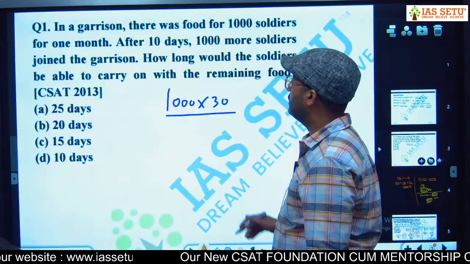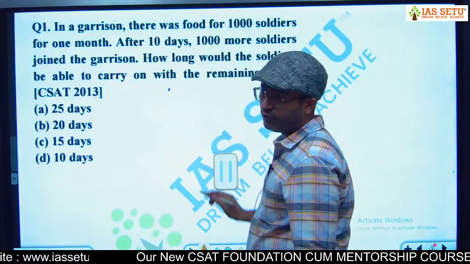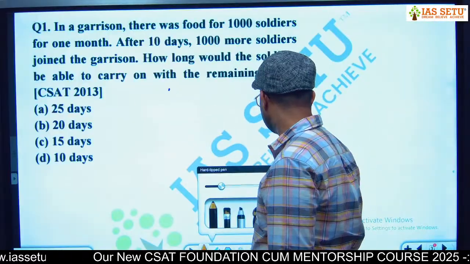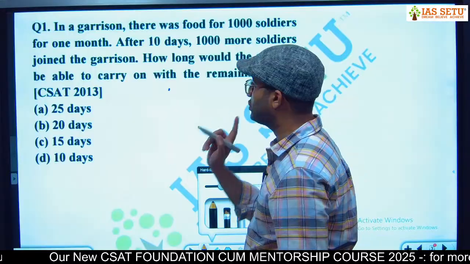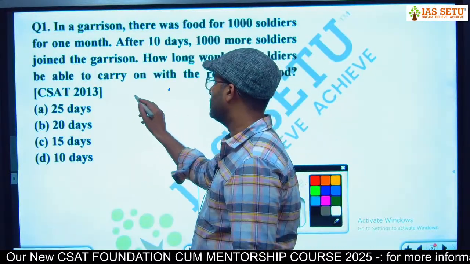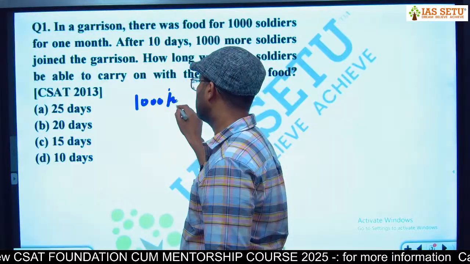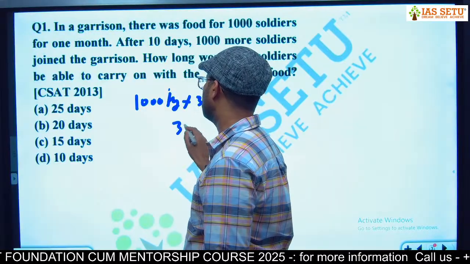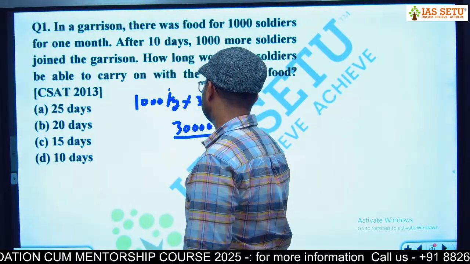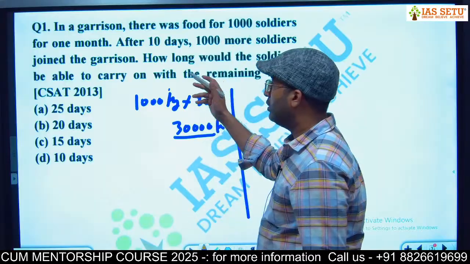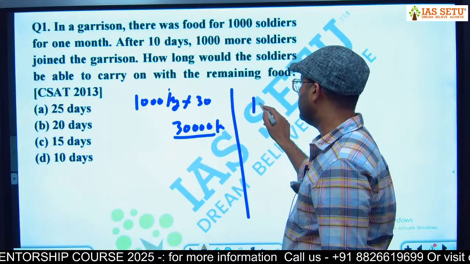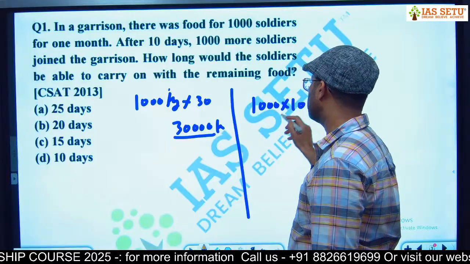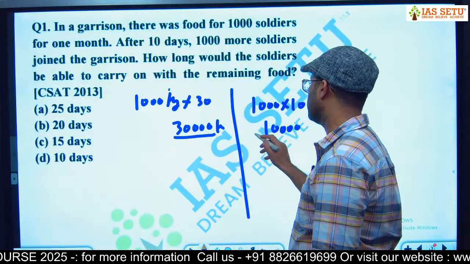Like here, there was food for 1,000 soldiers for 1 month. We assume 1 month is 30 days, and one soldier consumes 1 kg in a day. So here 1,000 soldiers will consume 1,000 kg per day for 30 days, so total food is 30,000 kg. After 10 days, they consume 1,000 kg daily, so 10,000 kg has been consumed.